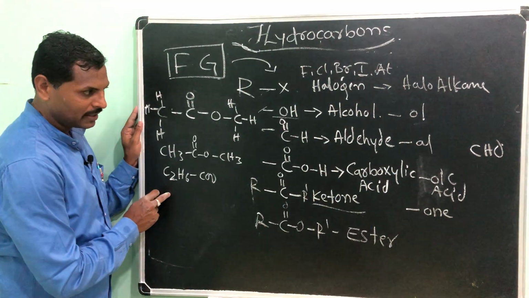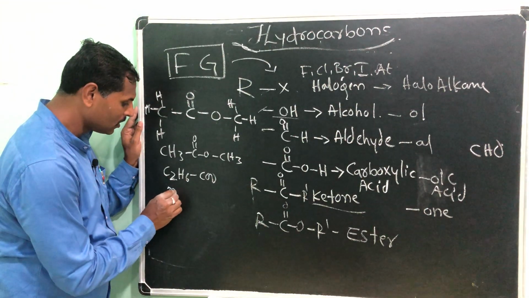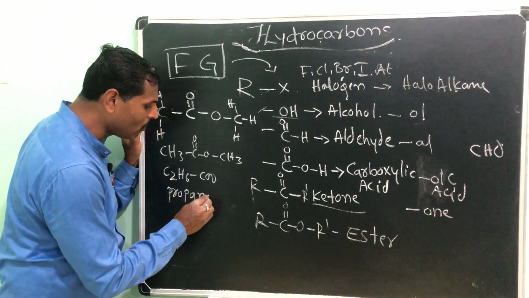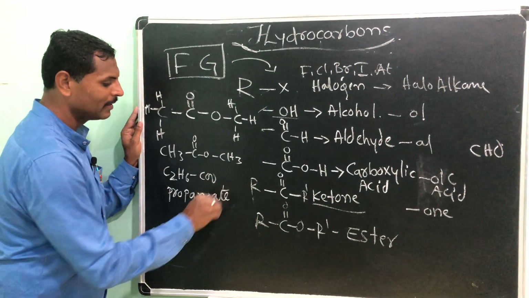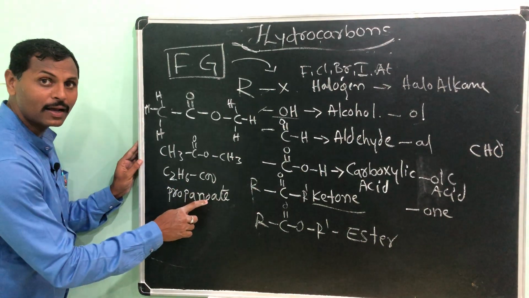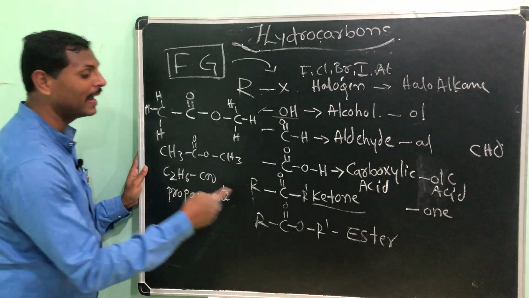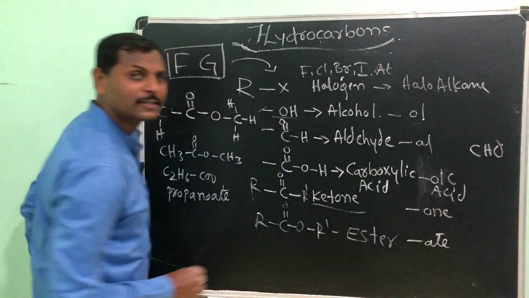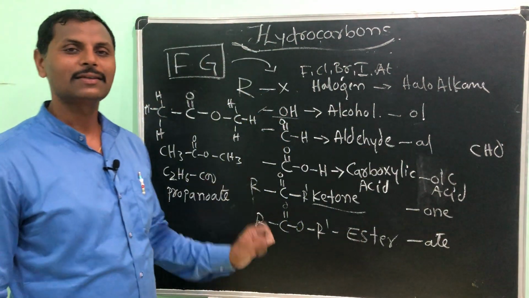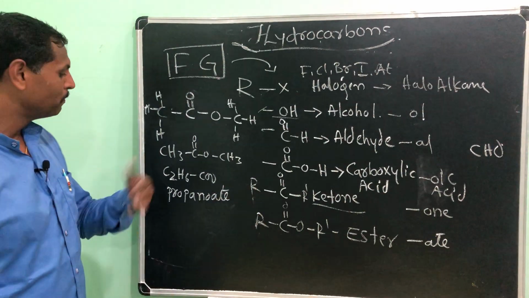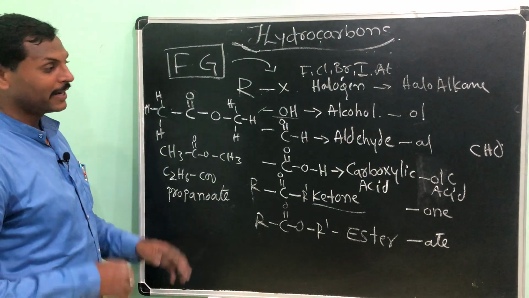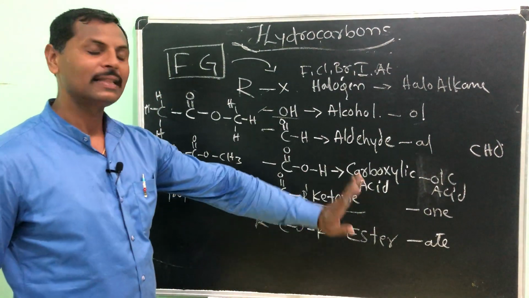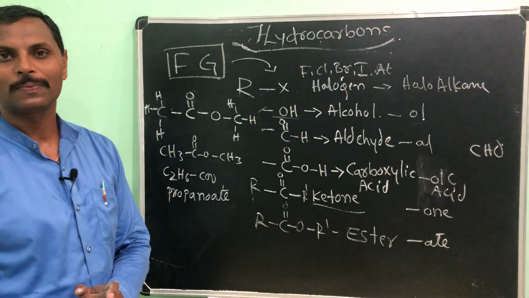So if there are 3, then I will write prop, propanoate. Propane, OATE, propanoate. So ATE is its suffix: propanoate, butanoate, pentanoate, right? Like that you can take the ester group also.